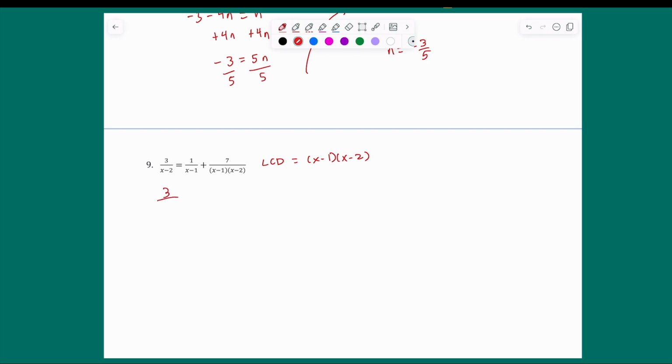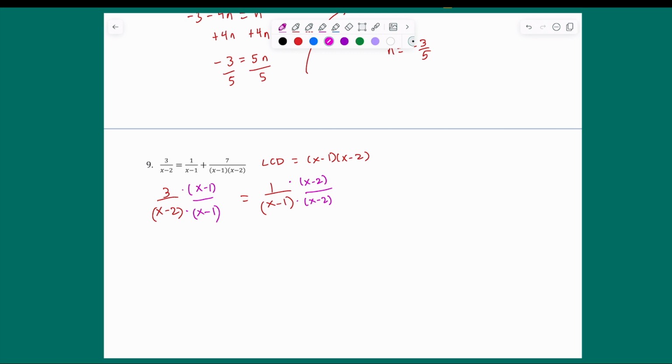The first fraction, 3 over x minus 2, already has an x minus 2, so we're going to multiply top and bottom of that one by x minus 1 over x minus 1. This equals 1 over x minus 1. This one has an x minus 1 in the denominator, but it doesn't have an x minus 2, so we're going to multiply top and bottom by x minus 2.